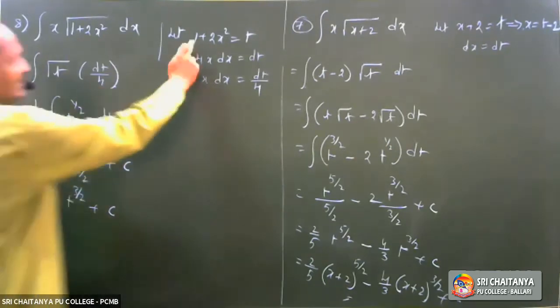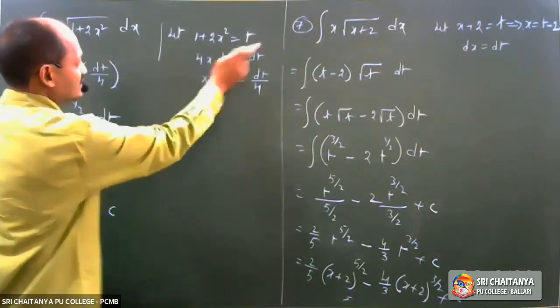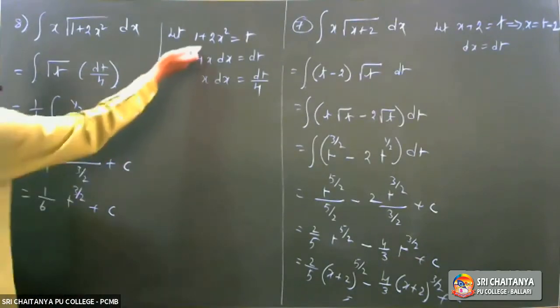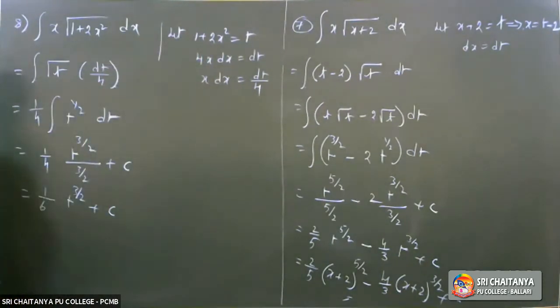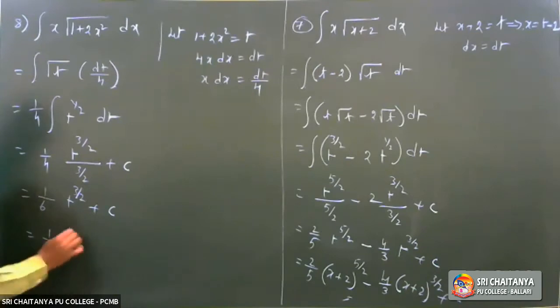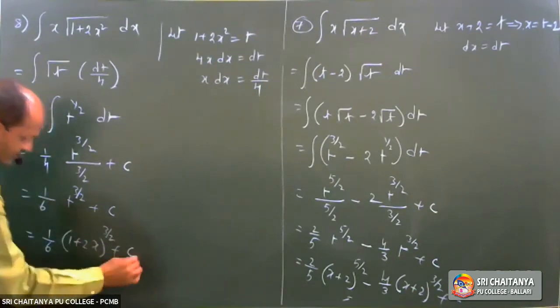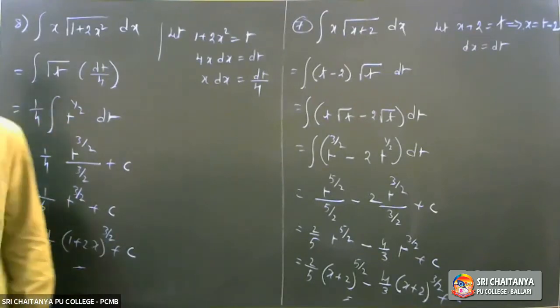What about t? It is 1 plus 2x square. Again we have to substitute for t, that is 1 plus 2x square: 1 by 6 into 1 plus 2x square whole power 3 by 2 plus c.